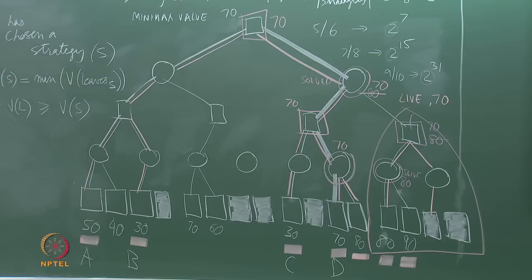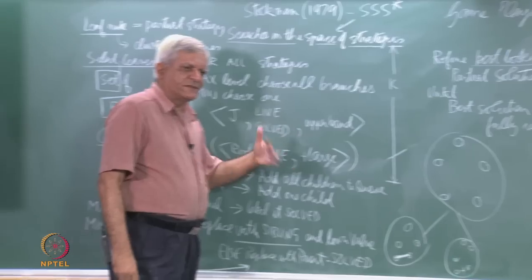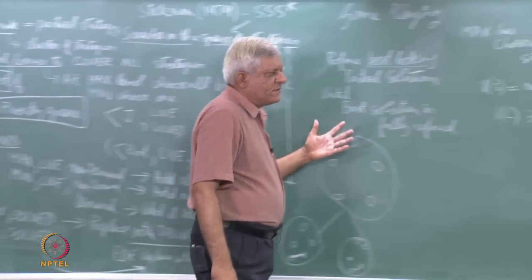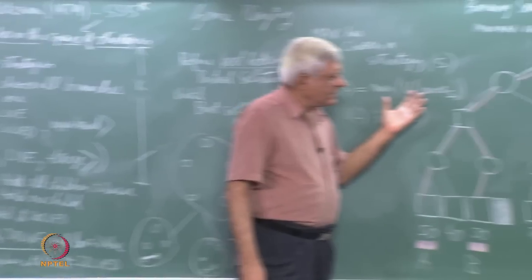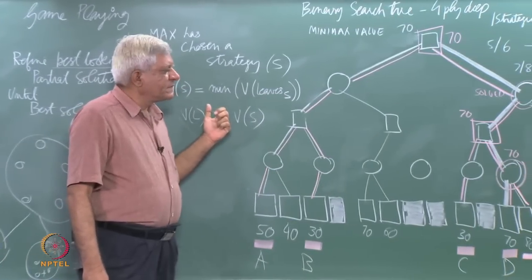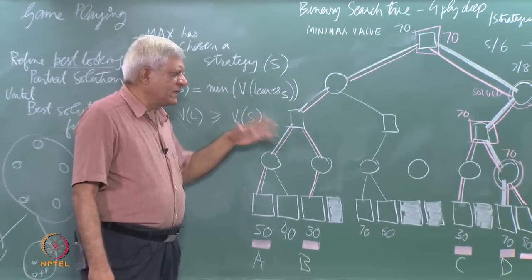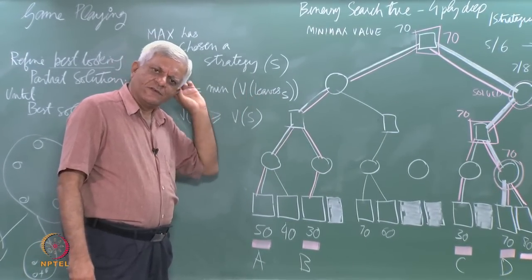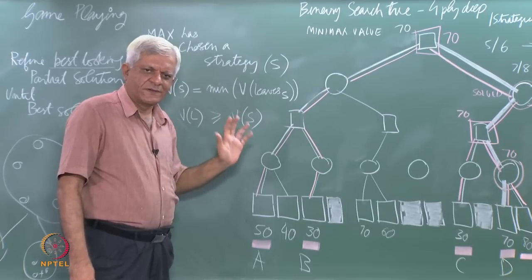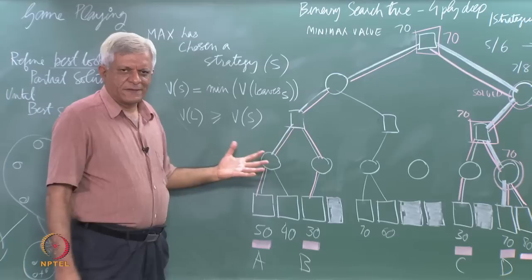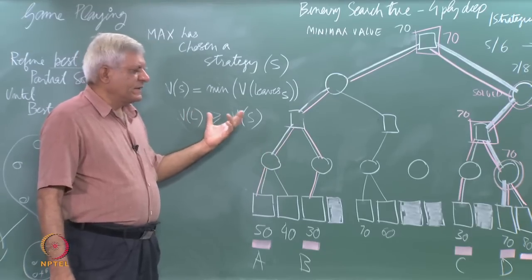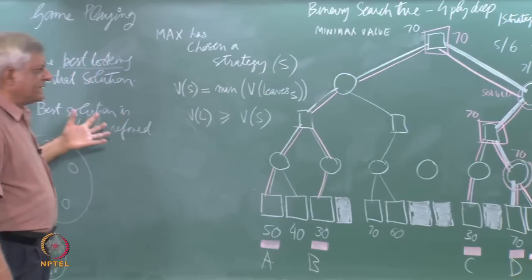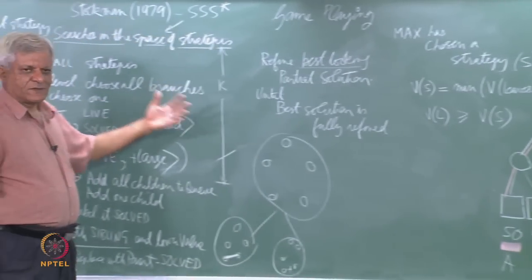Okay, so SSS star is a best first variation of alpha beta, you can say. The only difference between what we said earlier when we talked about best first was we used a notion of a heuristic function which was domain dependent. In this case, we do not use a heuristic function in that sense, but we use an estimate of the solution.